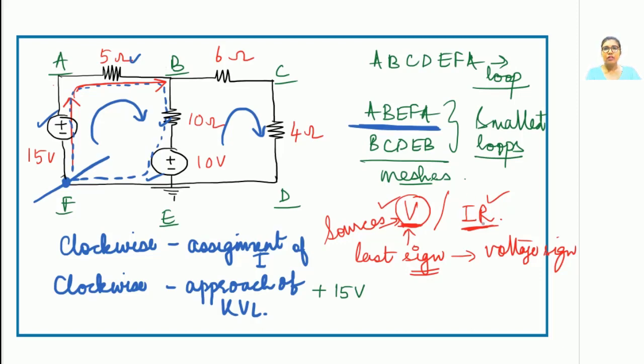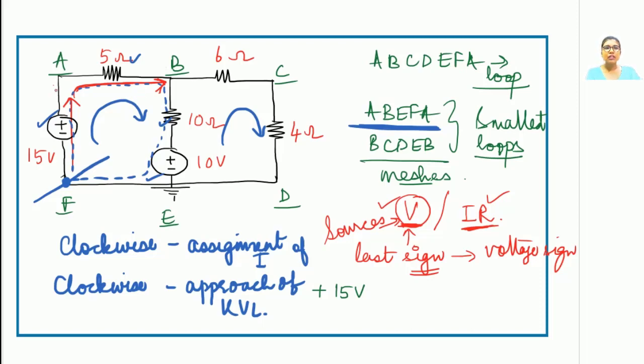So for a resistor, how do you write this voltage equation? Current flowing across that resistor multiplied with its respective resistance. Now here you have to see one thing. You are going from A to B, from left to right. What is the direction of current across this branch? This is again from A to B, because you have taken a clockwise direction of approach.